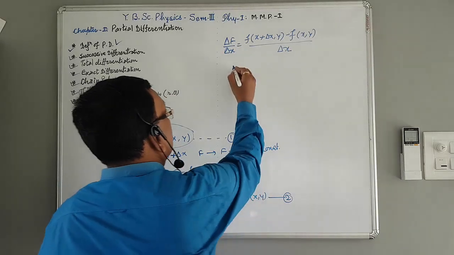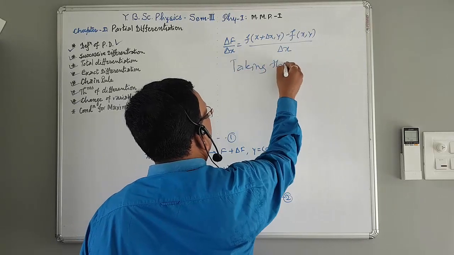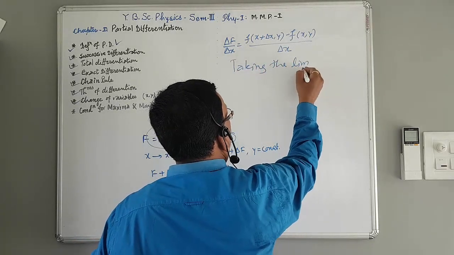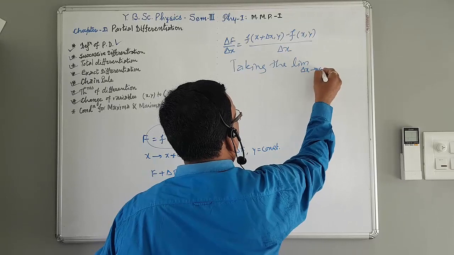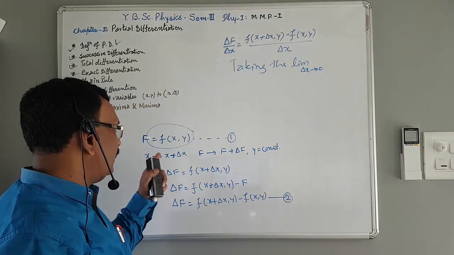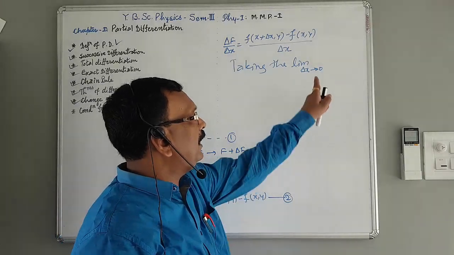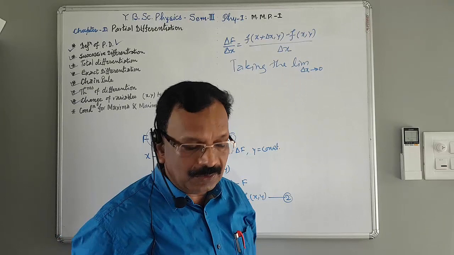Taking the limit delta x tends to 0. That means there is a change in x, that is, x changes to x plus delta x, where delta x is very close to 0 but not 0.